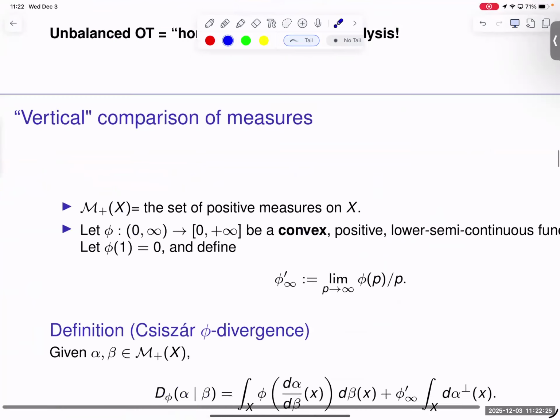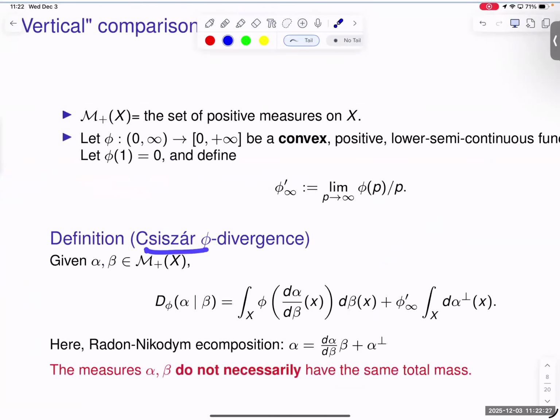Okay, then what do we do? Then the Csiszár phi divergence, probably my pronunciation of his name is not correct, is defined in this way. Given two positive measures, you define the phi divergence between alpha and beta in the following way. Here beta becomes the reference measure.